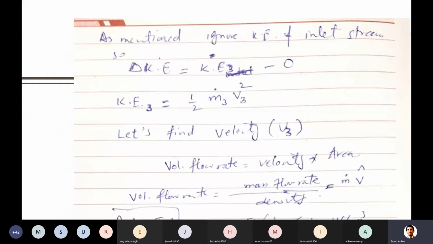So the masses are available. The next thing left is the velocity of all three streams. By the way, if you are getting confused, I am including all three kinetic energies here because some said we also have to include inlet kinetic energies. I will tell you about that one.